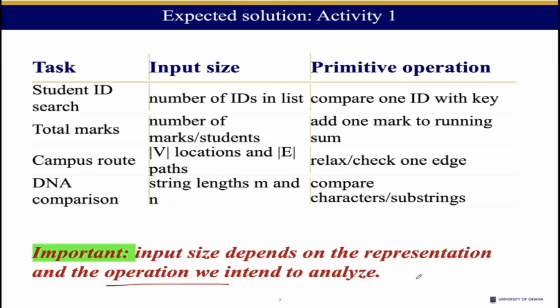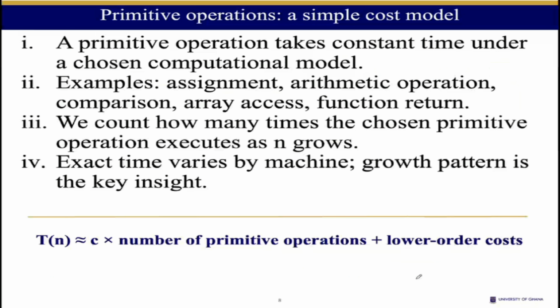Now, what are primitive operations? I've been mentioning primitive operations. They are also a simple cost model. Why am I saying that? Because they take a constant time under a chosen computational model. Examples could be the assignment operator, arithmetic operation, comparison, array access, function call, return. All these are primitive operations.